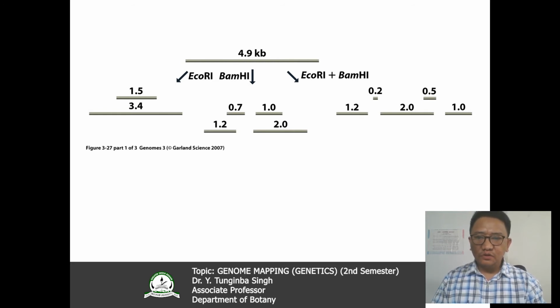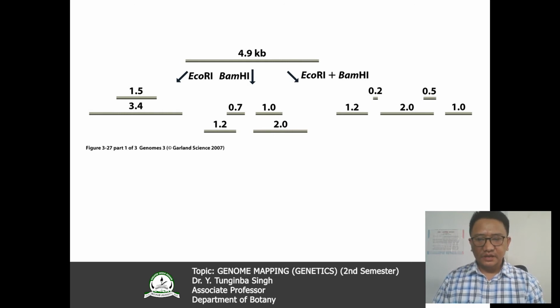Now, when the 4.9 kb fragment is digested using EcoR1, two fragments are produced: a 1.5 kb fragment and a 3.4 kb fragment. In another experiment, when BamH1 is used to digest the 4.9 kb DNA, four fragments are produced: 0.7 kb, 1 kb, 1.2 kb and 2 kb.